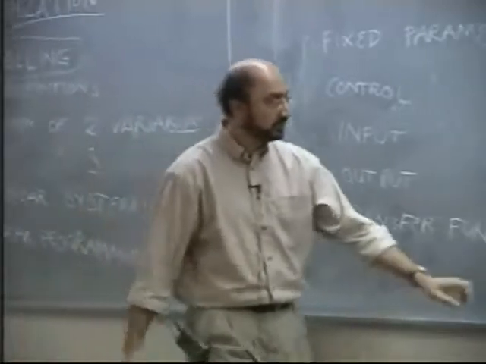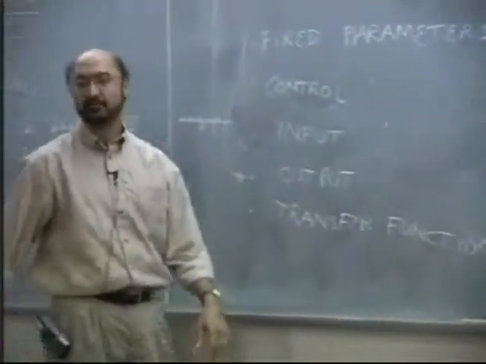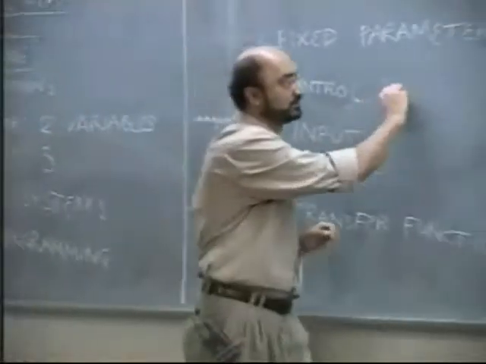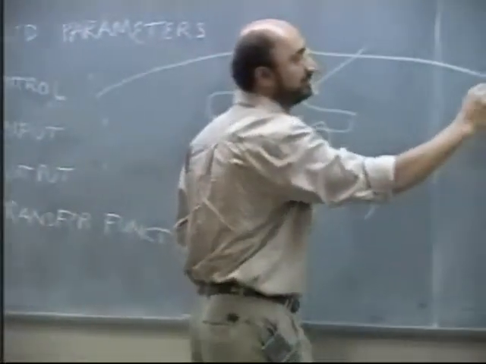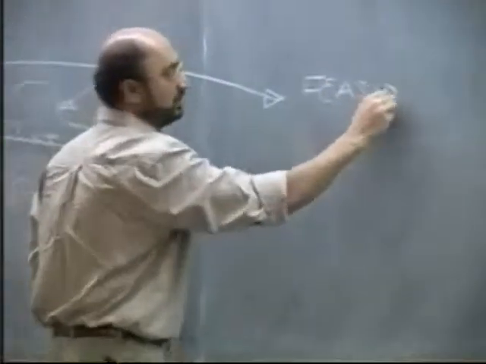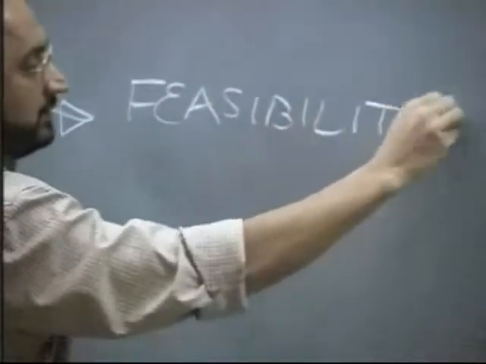Okay, so what we're going to do now, and we're trying to get a little bit more into this, is that the control variables have essentially what I call a feasibility constraint.